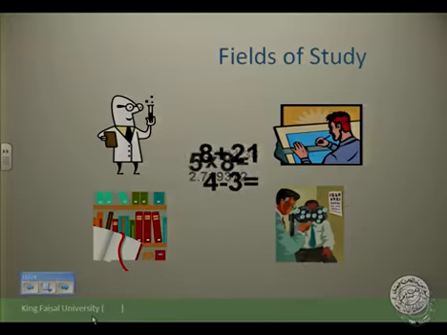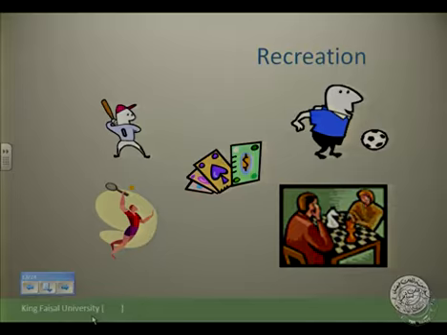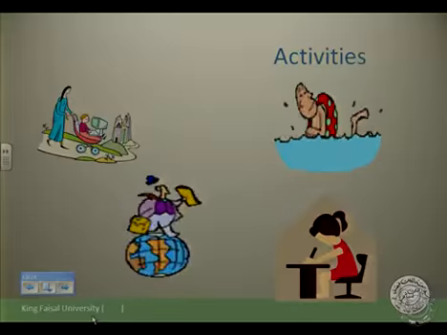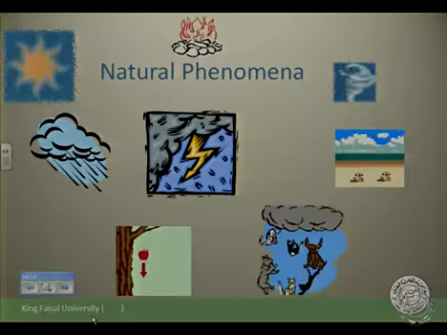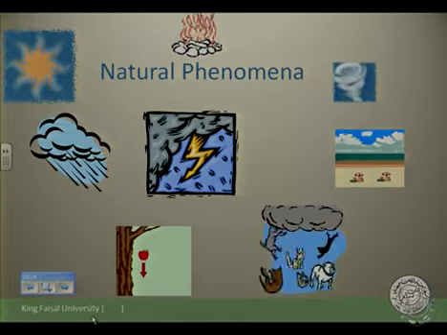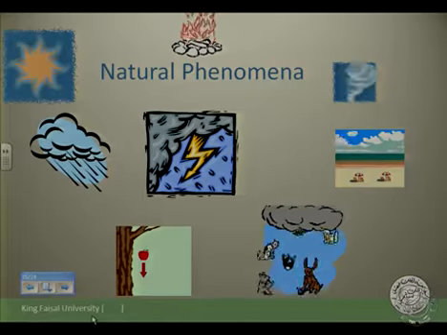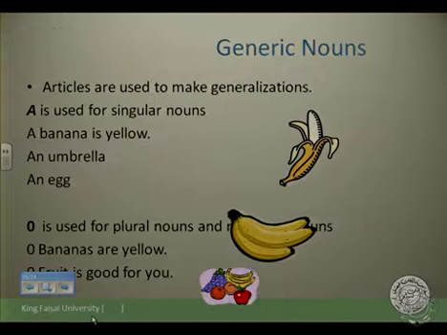Fields of study, we have sciences, we have mathematics, statistics, physics, chemistry, medicine, recreation, football, playing chess, playing cards, golf, activities, swimming, studying, traveling, walking, natural phenomena like sunshine, like thunderbolts, like falling, like raining. All of these cannot be counted.